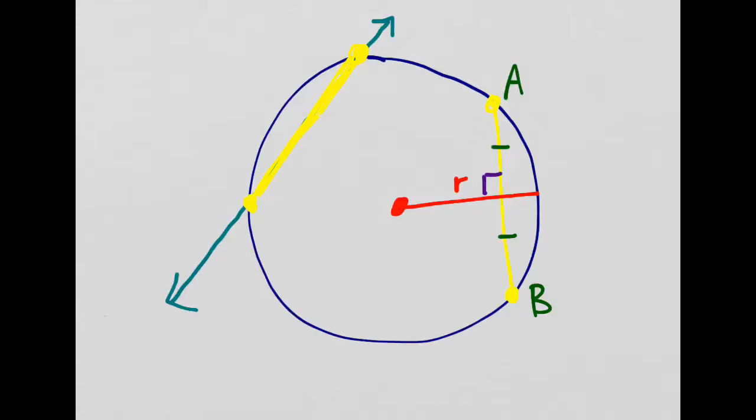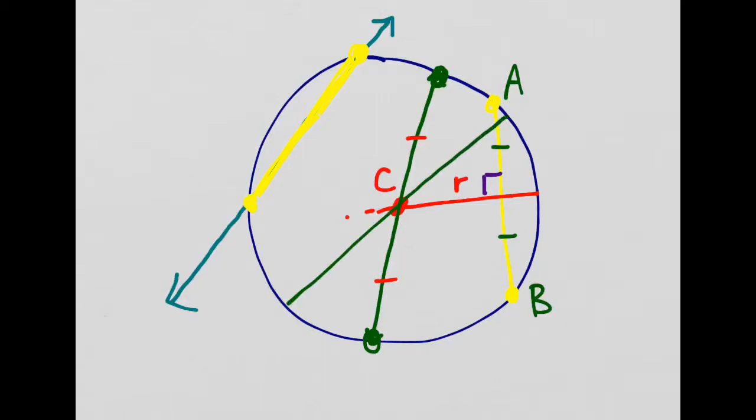There is one exception to this, and that is if you were to have a diameter. Technically, this radius here is bisecting it, right? Because it's chopped in half just by the fact that it goes through the center of the circle, but it doesn't mean that they're perpendicular, because look, I could draw another one over here. I could draw any of these diameters, and this same red radius is going to cut it in half.